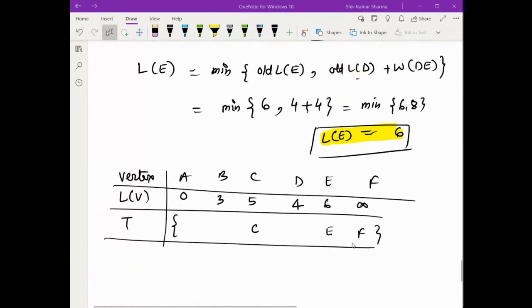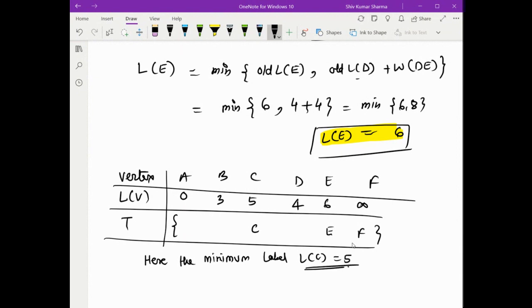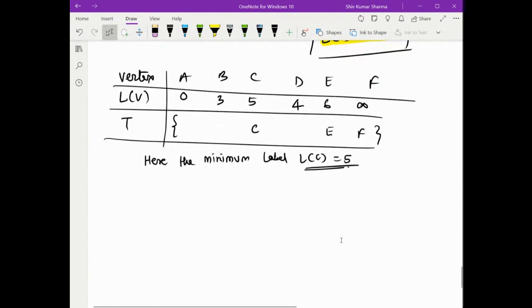So we write the next iteration, iteration number 4.